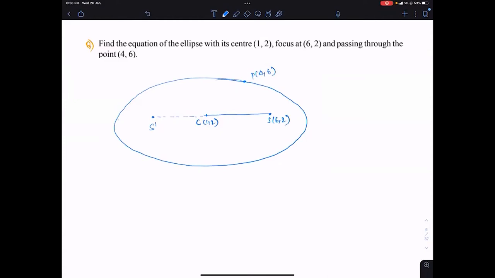So simple here, what you need to do? You need to find A and B for the ellipse, and the center is alpha comma beta. For a horizontal ellipse, that means the horizontal direction is more stretched, the equation will be x minus alpha whole square by a square plus y minus beta whole square by b square equals 1.